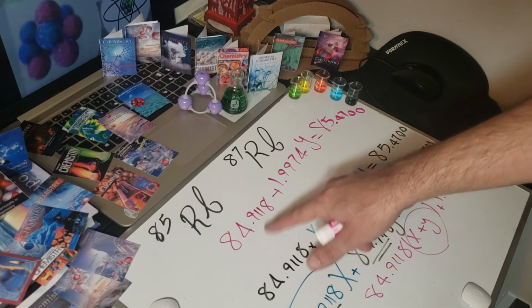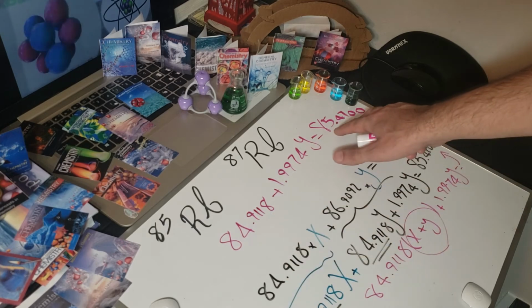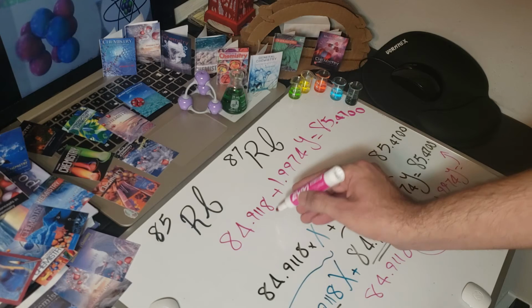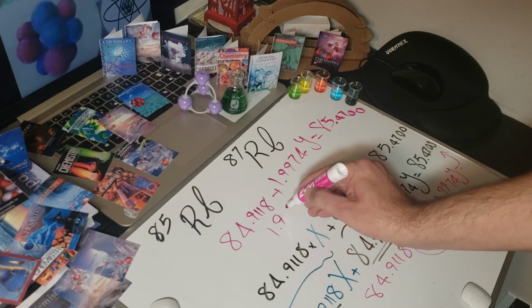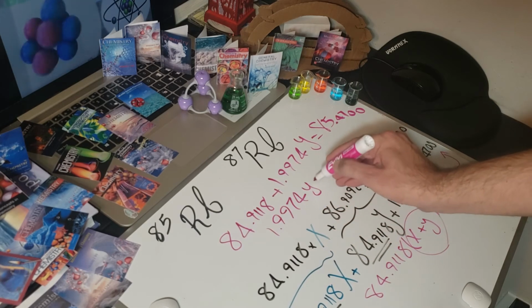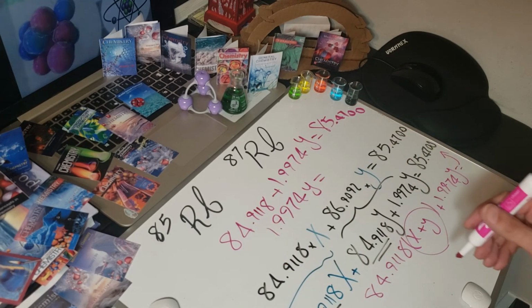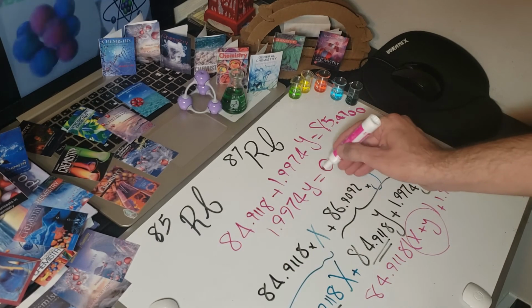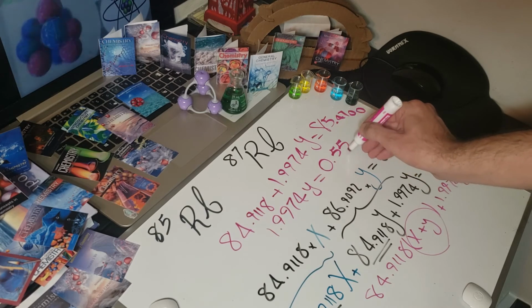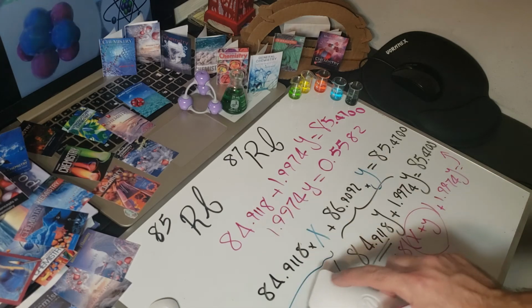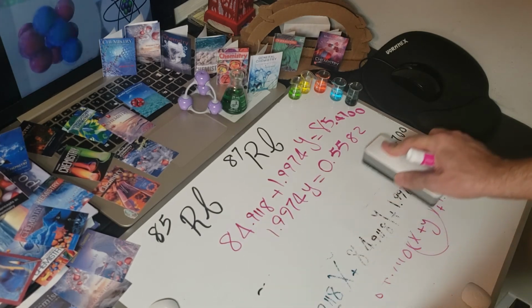This much y plus this is this. So you take 85.47, put this to the other side, this minus that, and you find that 1.9974y is 85.47 minus 84.9118, and that would be 0.5582. And if you just take this and divide it by 1.9974, you get what y is.